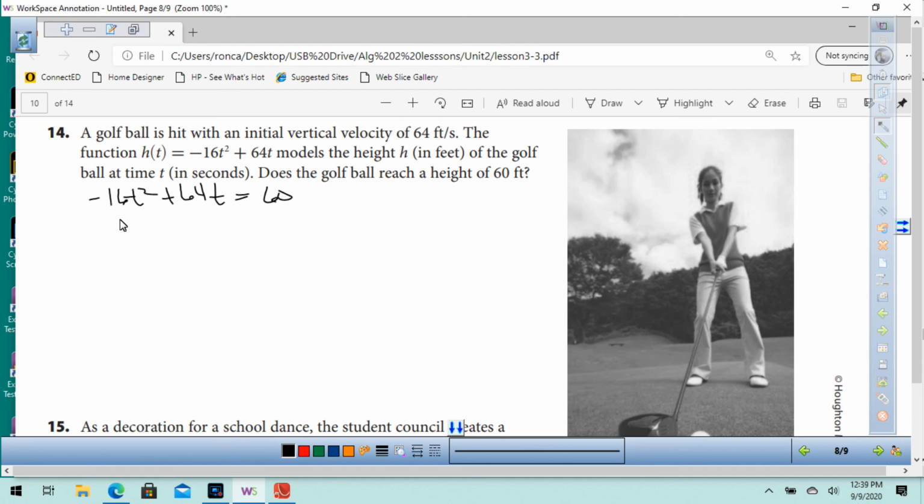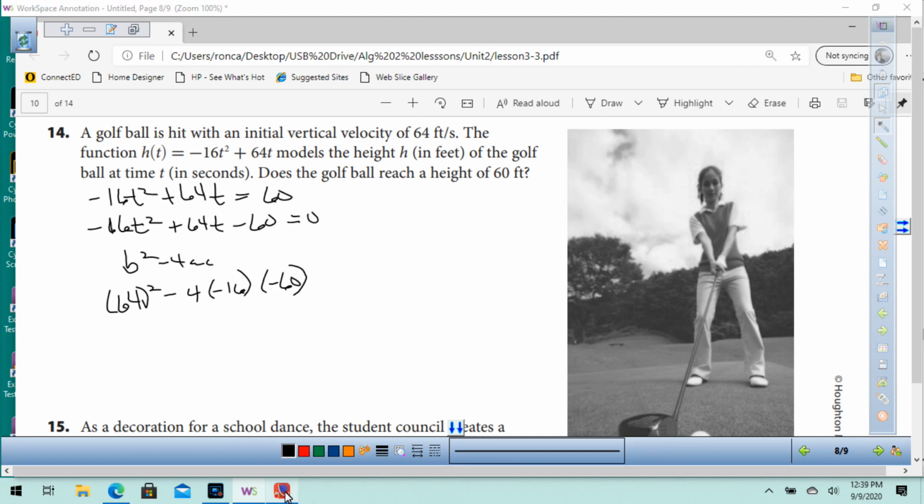All right, let's subtract 60 from both sides, and we got negative 16t squared plus 64t minus 60 equals 0. And let's try the discriminant. B squared minus 4ac. B is 64 squared minus 4 times a, that's negative 16, times c, which is negative 60.